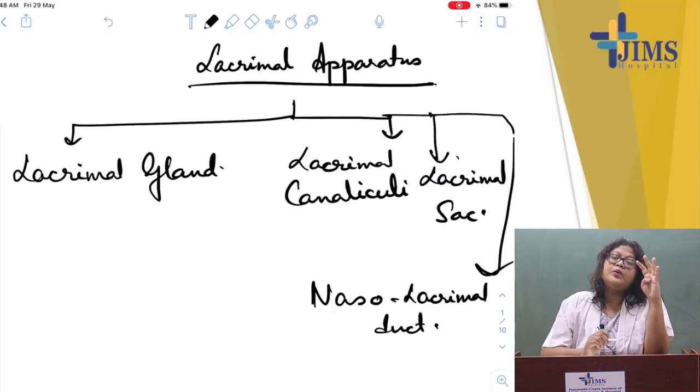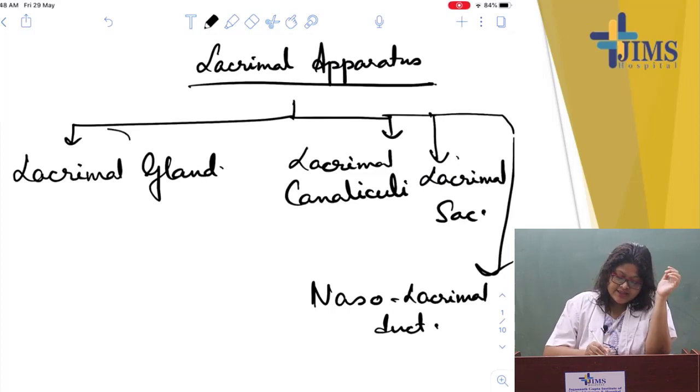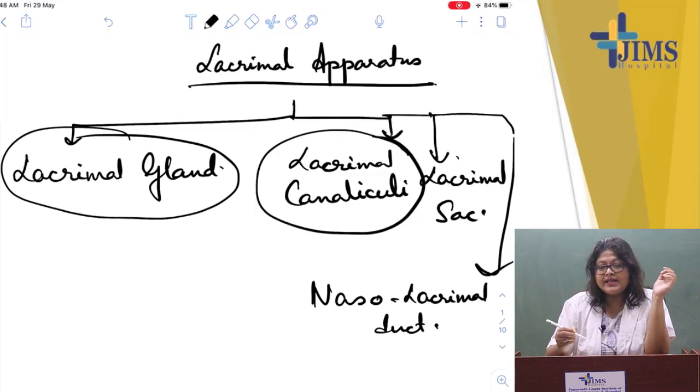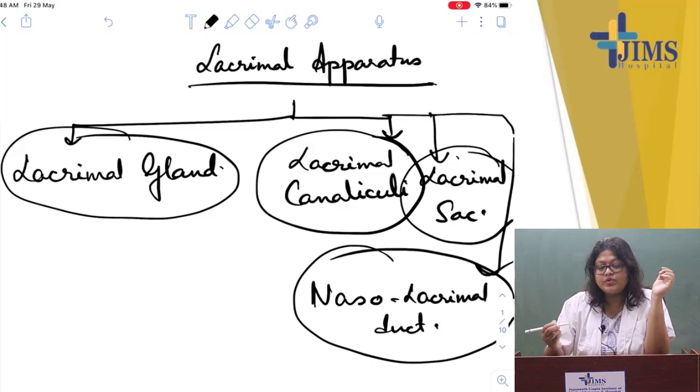So these are the four parts of which the lacrimal apparatus is made up: lacrimal gland, lacrimal canaliculi, lacrimal sac and nasolacrimal duct.